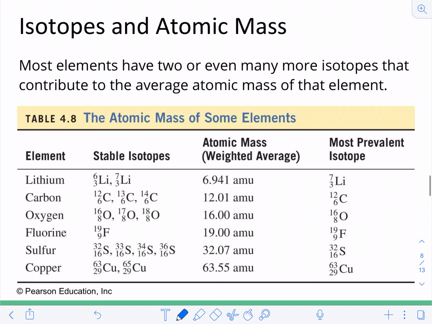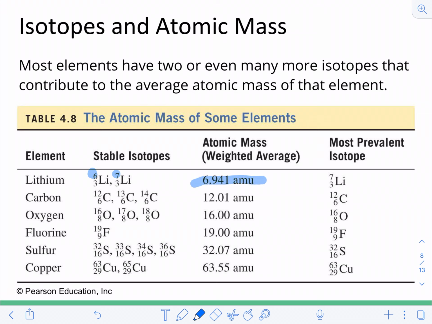So most elements have 2 or maybe even more isotopes that contribute to the average atomic mass of that element. All right, so the first one listed there is lithium. It has 2 isotopes, lithium-6 and lithium-7. Okay, and we can see that right here. We've got our mass numbers, and the average atomic mass, so the weighted average mass, is 6.941.